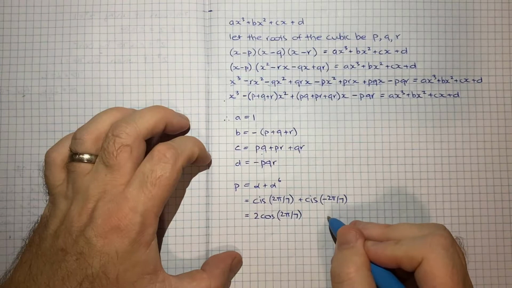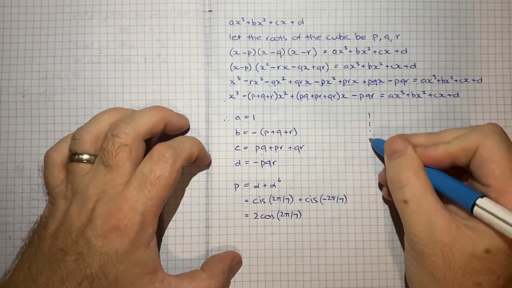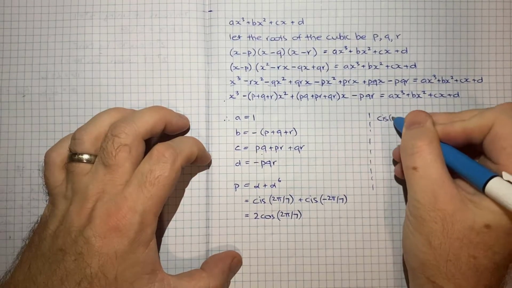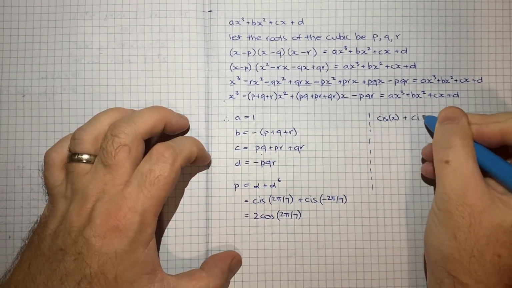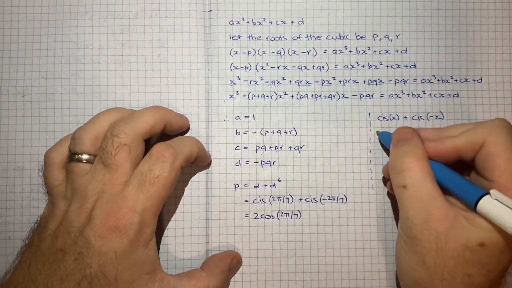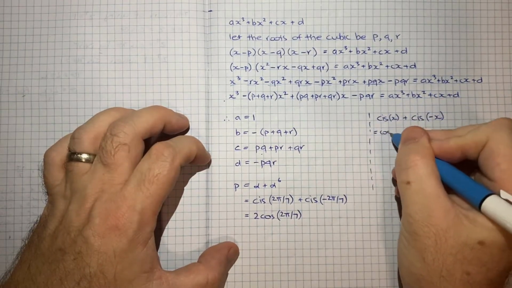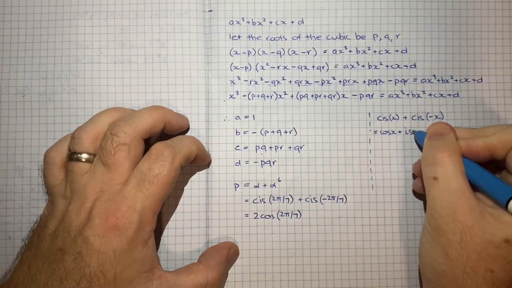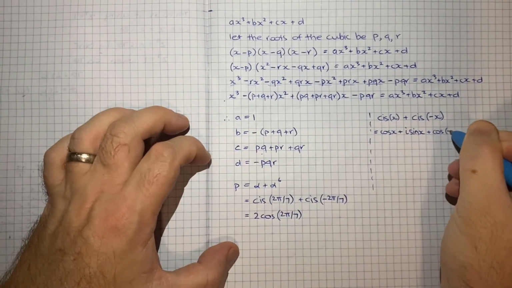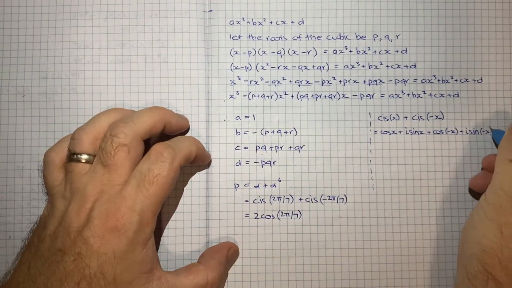Well, I know that because maybe what I'll just write up here over to the side. If I was to look at cis of x plus cis of negative x, which is essentially what we've got here, well, if I write that in longhand, that's cos x plus i sine x plus cos of negative x plus i sine of negative x.